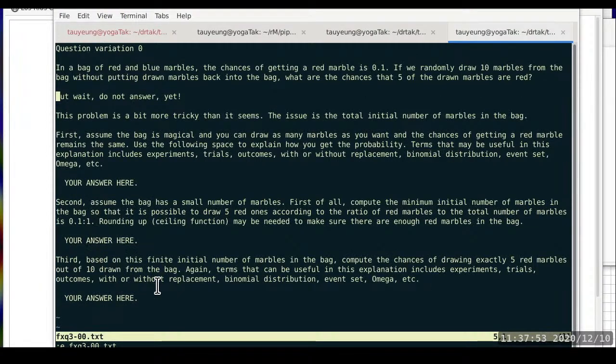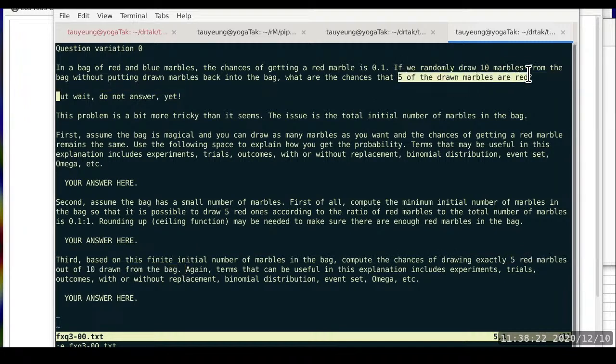And third, based on this finite initial number of marbles in the bag, so this time we know there are 5 red marbles and 45 blue marbles, compute the chance of drawing exactly 5 red marbles out of 10 from the bag. So you might think, hey, we are doing the same thing. 5 red marbles out of 10, and up here we also have 5 marbles out of 10.